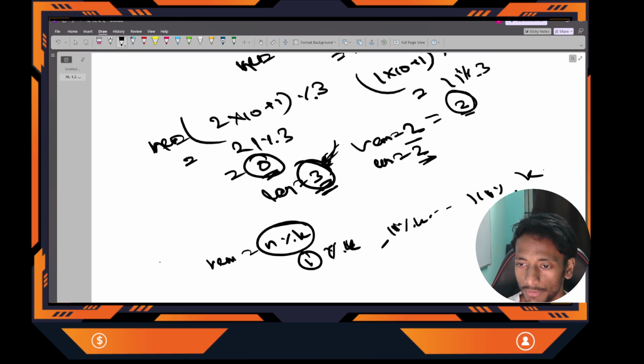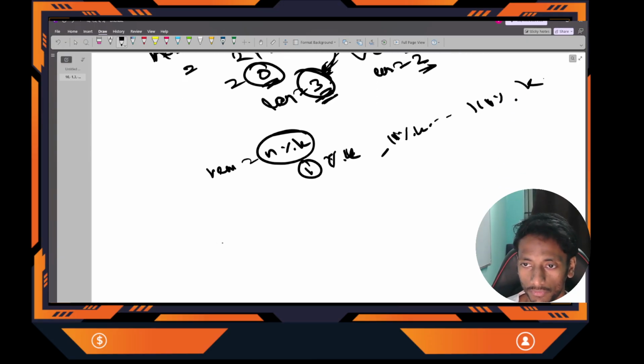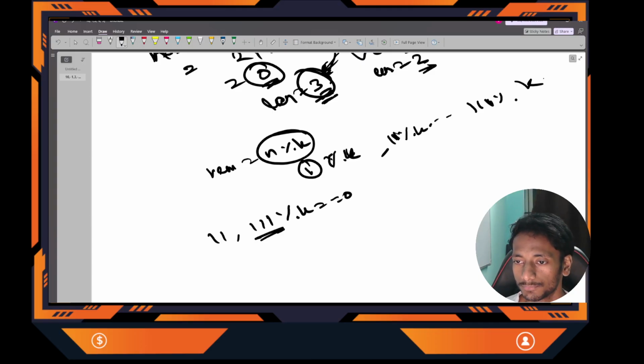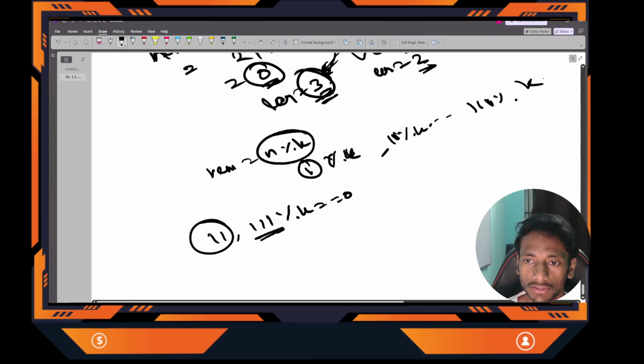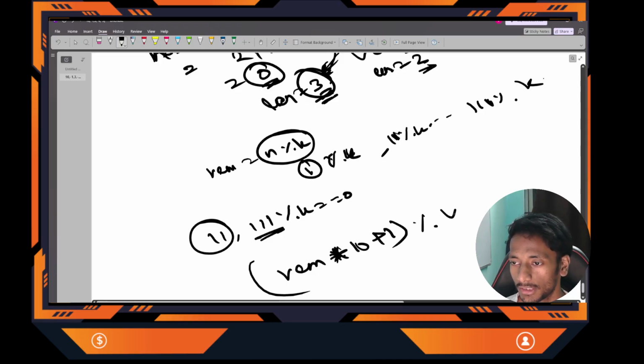If any number has to be divisible by k, that means whatever number is present, 11 or 111, should be divisible by k, what are the remainders, right? So that's why I can use that concept here: whatever remainder I have, if remainder times 10 plus 1 is divisible by k, then this will be our answer.